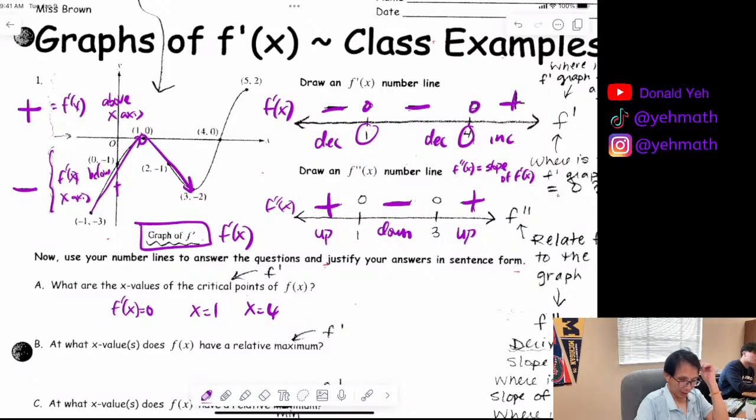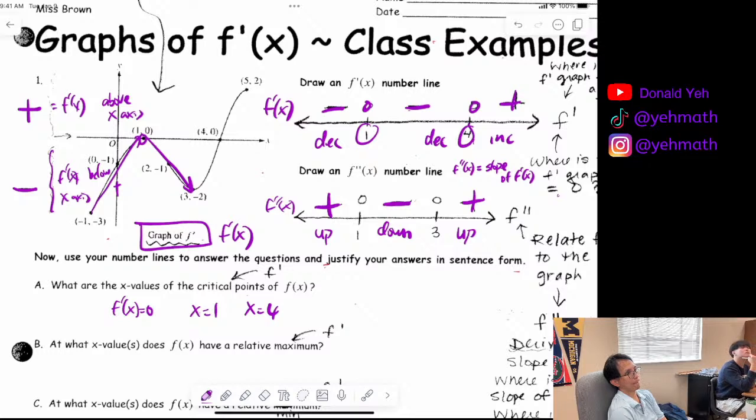At what x value does f of x have a relative maximum? Can you tell me? Ding, what do you think? Where does x have a relative maximum? Jack, what do you think? Catherine?